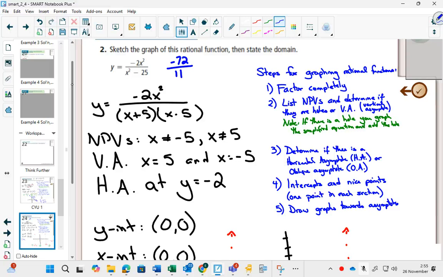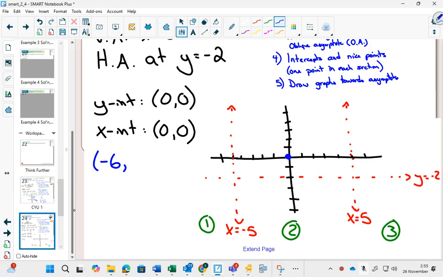Negative 72 over 11. Could you estimate that on your graph? Negative 6 point something. I'm going to label it right here. So negative 6 comma negative 72 over 11. And that is enough to say this section looks like this.